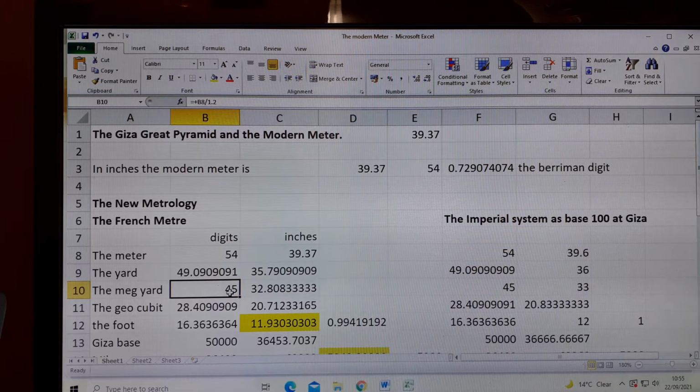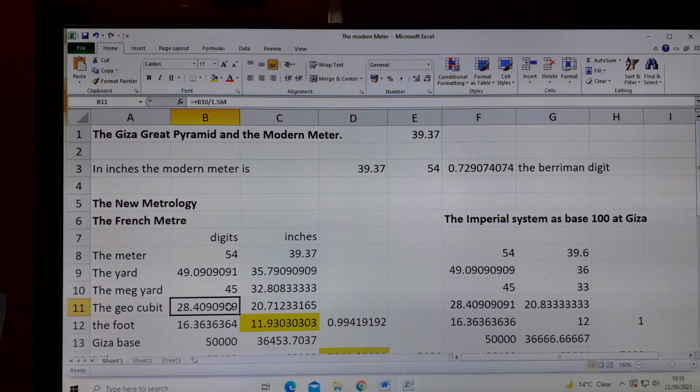Then we work out the geodetic cubit, and we find that that's 45 divided by 1.584, which is that in digits. Then we can work out the foot, which is the metre divided by 3.3.